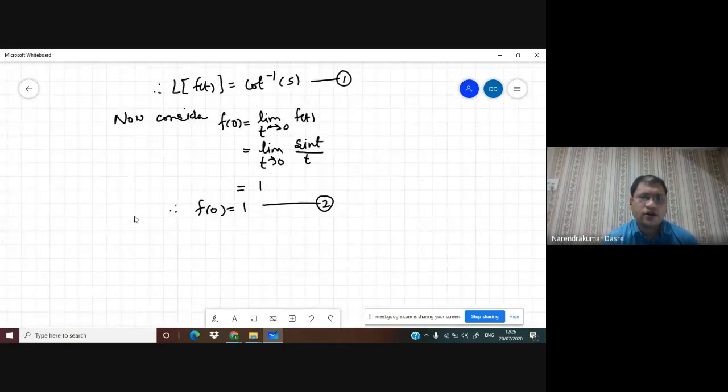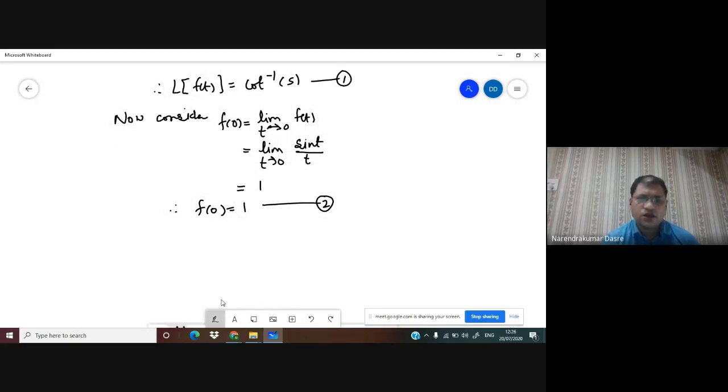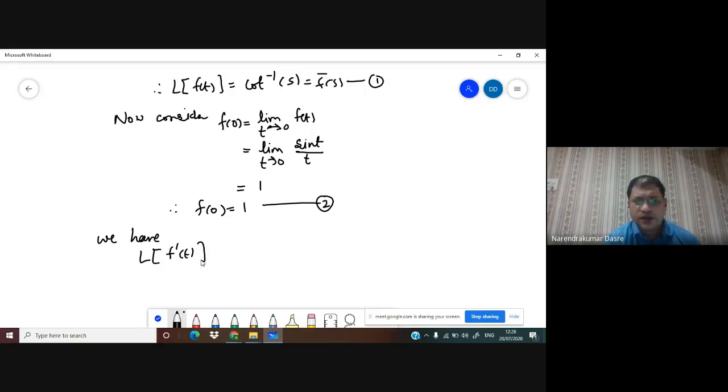Okay, so I got the necessary terms which I needed here. This term is going to be f bar of s, which is equation 1, and this is equation 2. So we have the Laplace transform of f dash of t is equal to s f bar of s minus f at 0, and hence I get s into cot inverse of s minus 1.